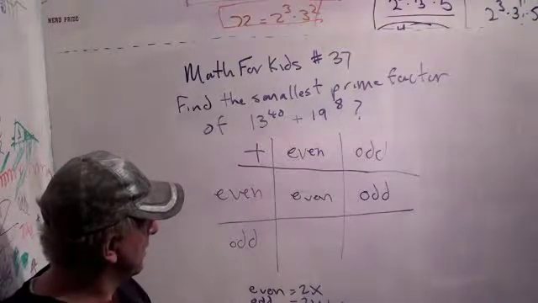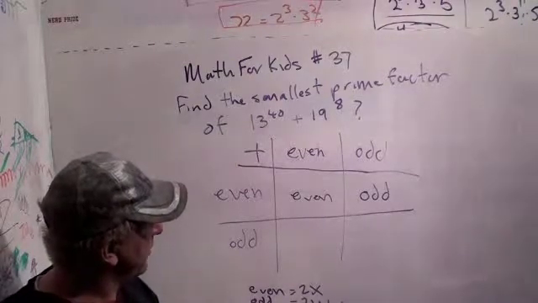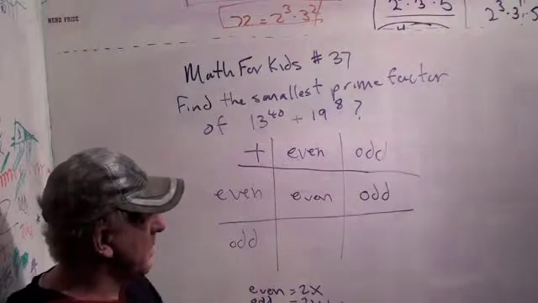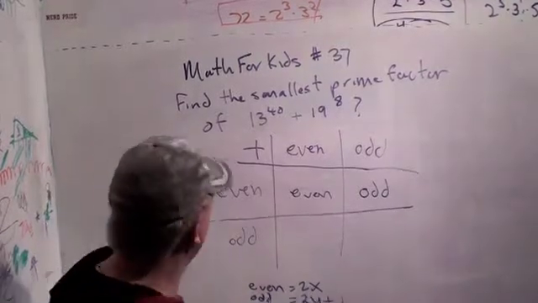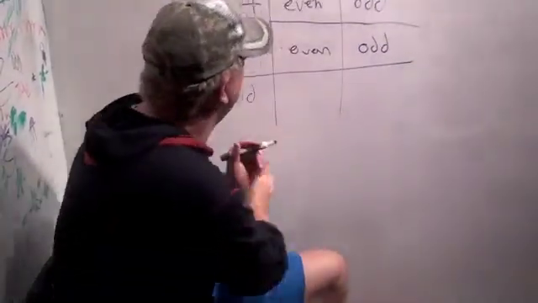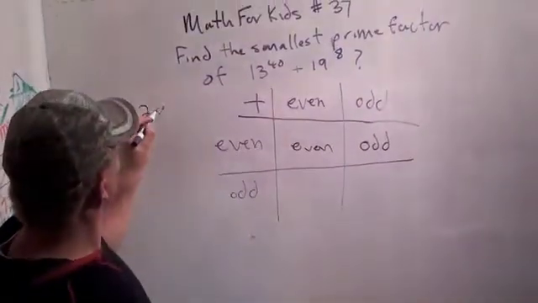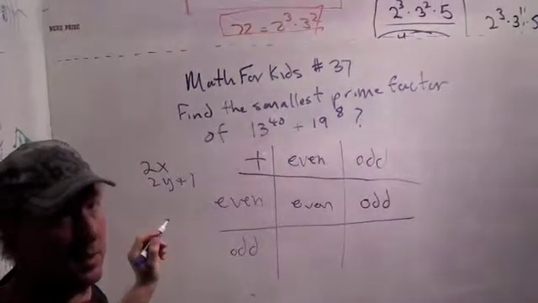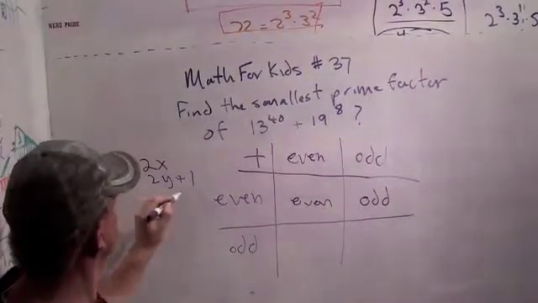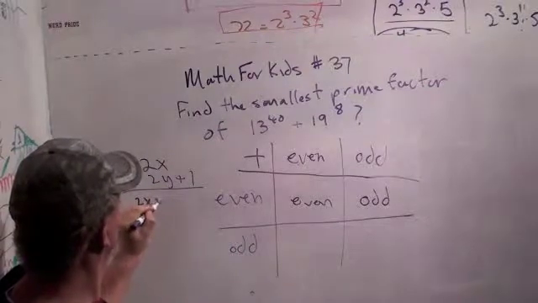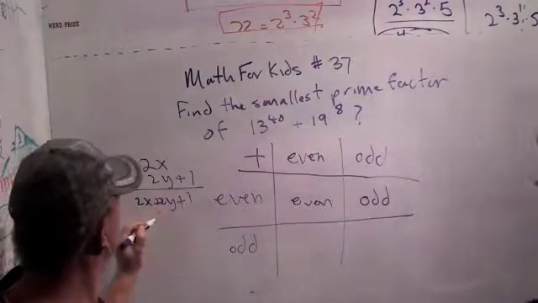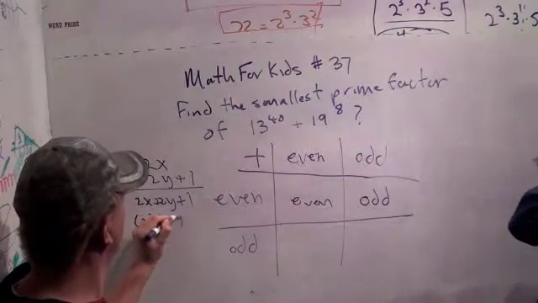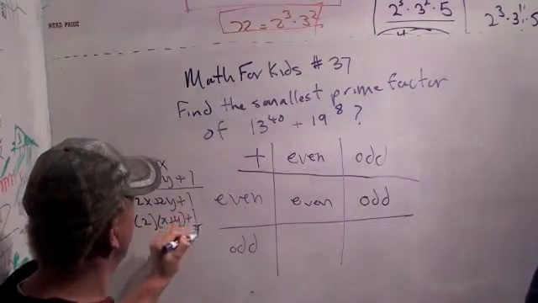I'll write up here instead. Sorry about that. I get 2x and then 2y plus 1. When I add them together, I get 2x plus 2y plus 1, which is 2 times some number, x plus y, plus 1, which is odd.